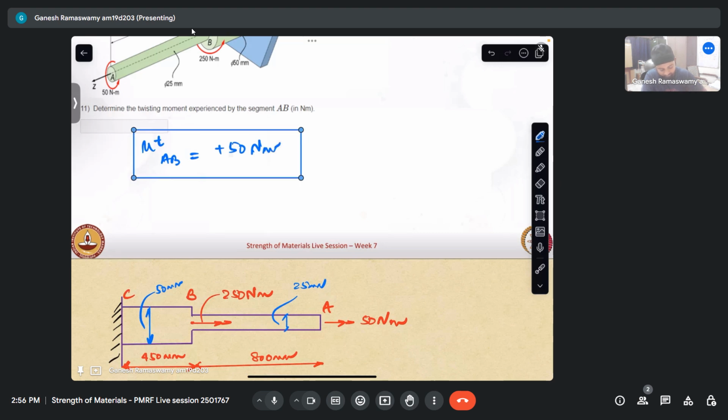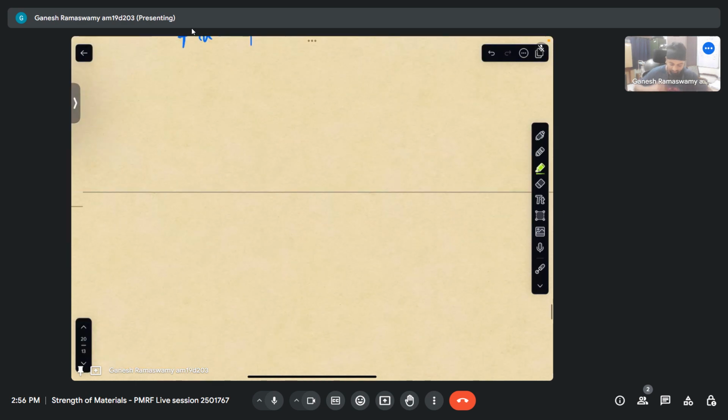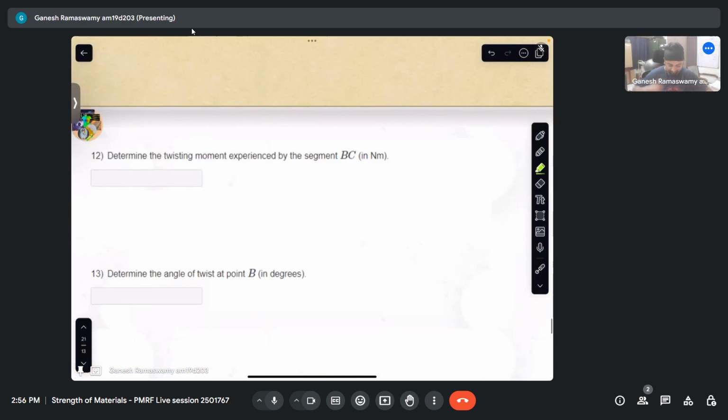So applying the same logic, we can see. Okay, determine the twisting moment experienced by the segment BC is asked.